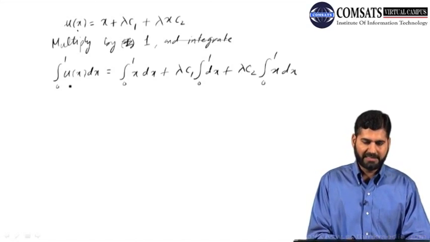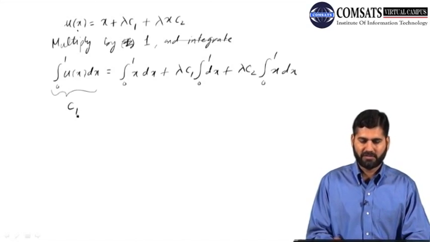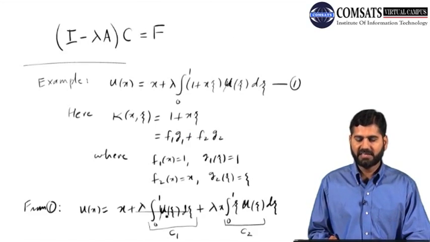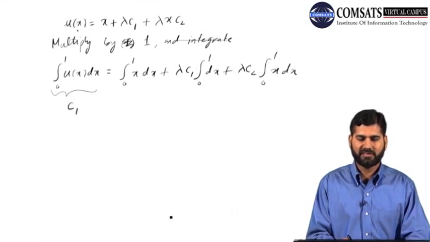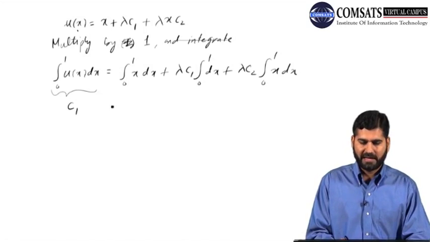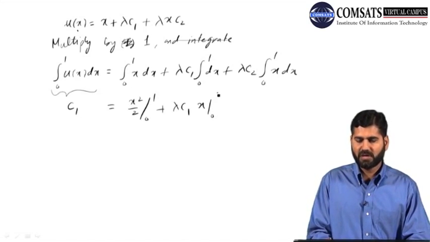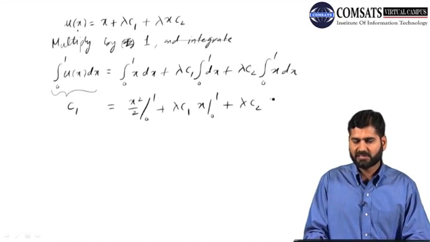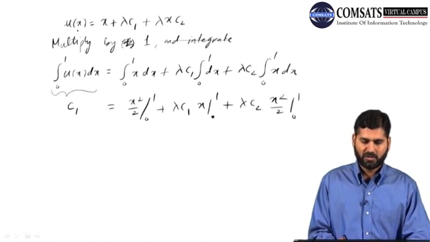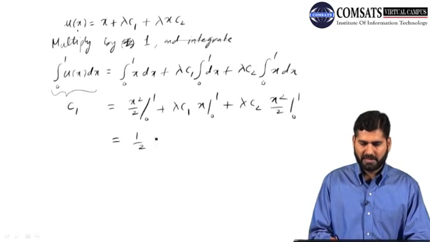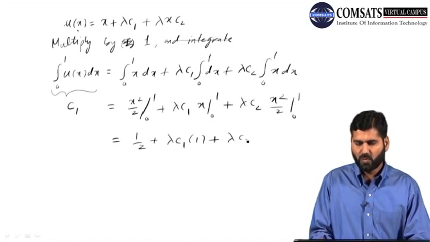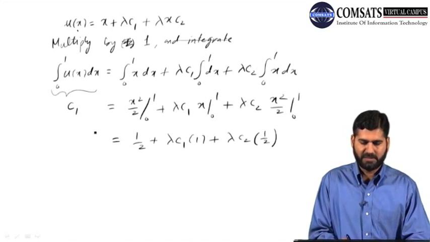The integral of u(x) dx is C1. And x squared by 2 from 0 to 1 is 1 by 2, plus lambda C1 times x from 0 to 1, plus lambda C2 times x squared by 2 from 0 to 1. So you got 1 by 2 plus lambda C1 times 1 plus lambda C2 times 1 by 2, and this equals C1.